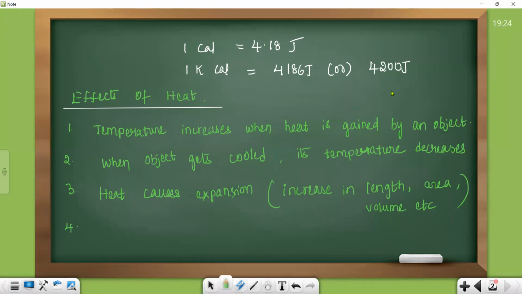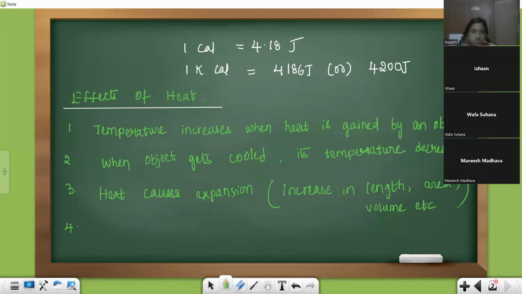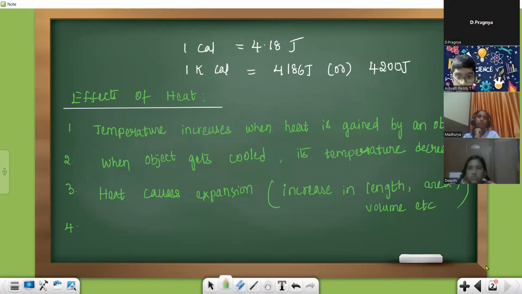Even the wires of poles are tied very loosely, because of the expansion and contraction property in winter and summer.